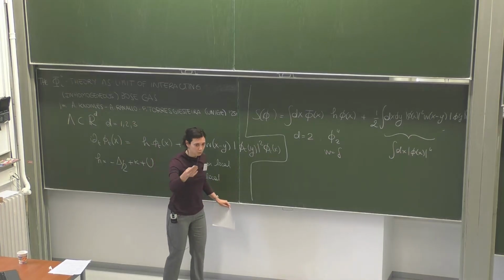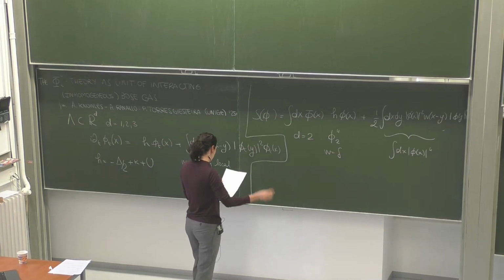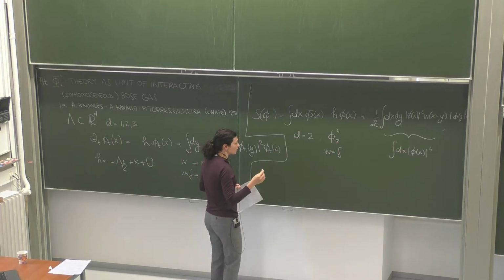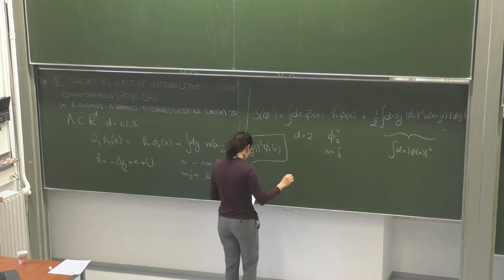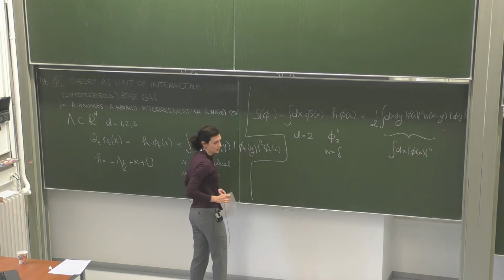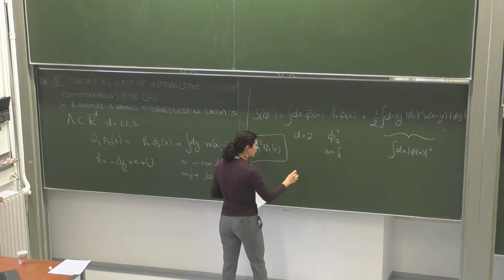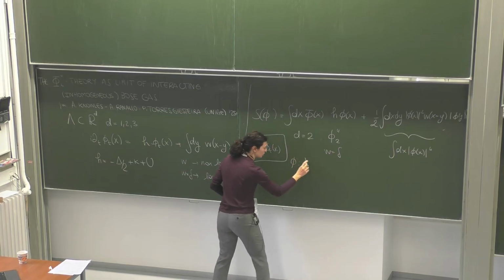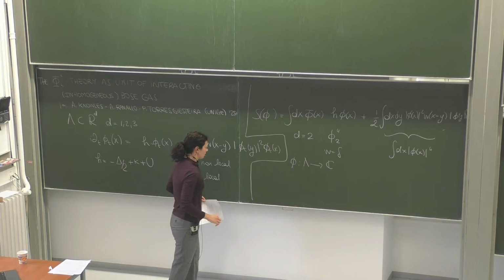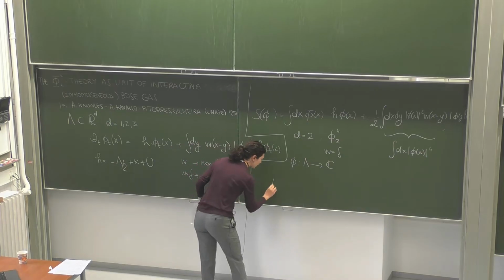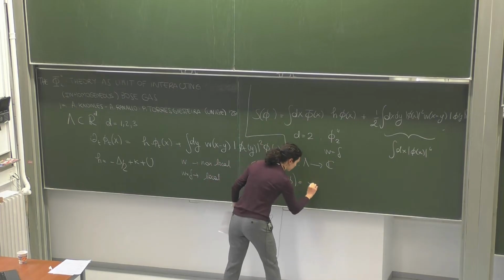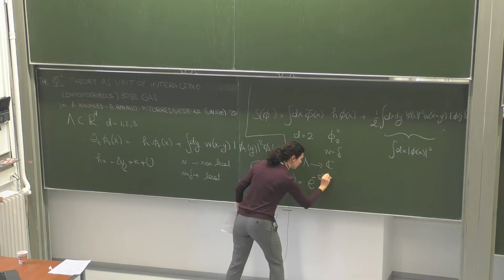What is a phi-four-two? Just for those of you who are not familiar with it, it is formally defined as a probability measure associated with the energy functional S over the space of fields phi from the domain Lambda to the complex numbers, and this is the probability measure mu(d phi), which is the exponential of S of phi.